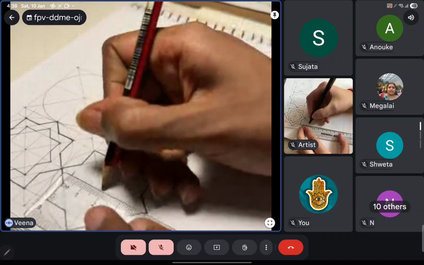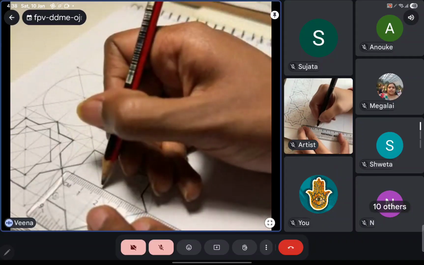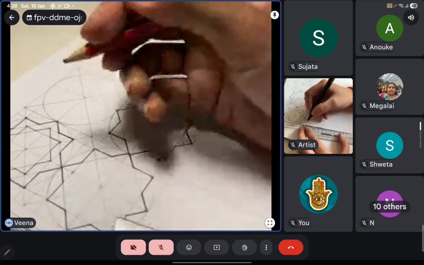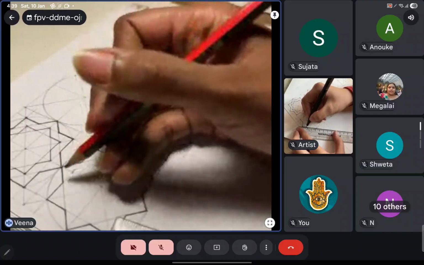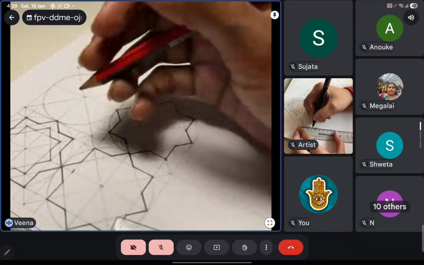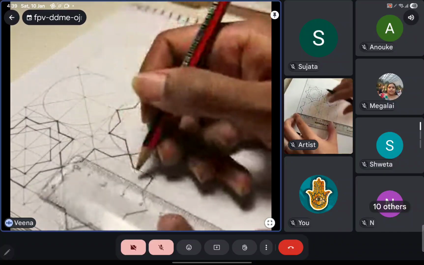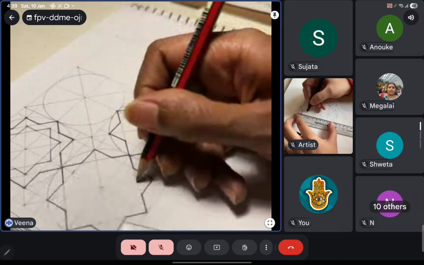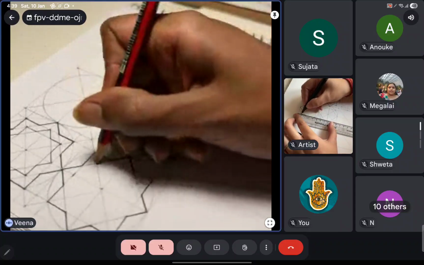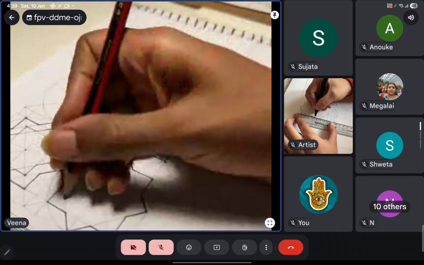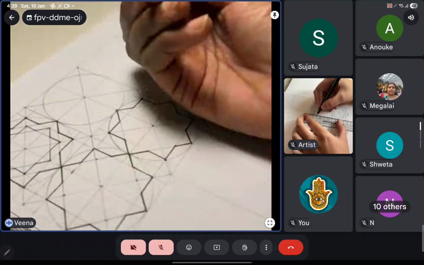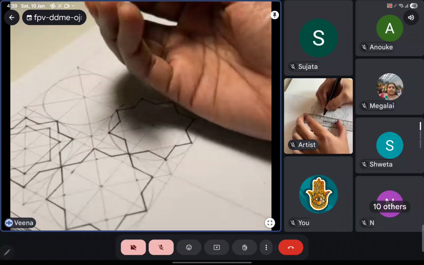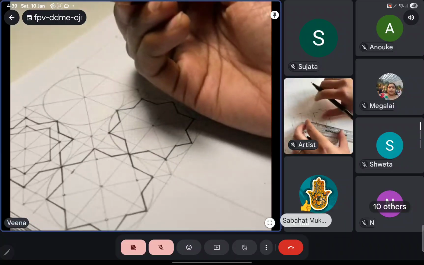Ideally, it would be around 1.5, but we are more focused on the square, and you don't have to make the circle. That time it was just for your understanding, but we are just going to go ahead with the points. Could you let me know if that's clear? Like, I'm happy to show it once more if needed.